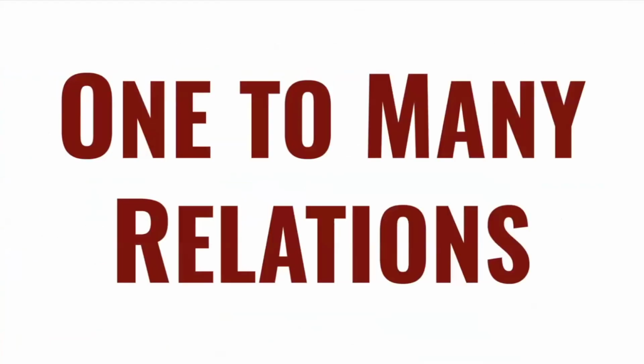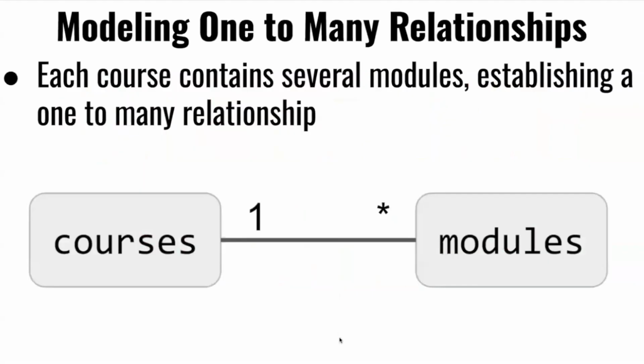Okay, so let's talk about one-to-many relationships. What we mean by one-to-many is that there are instances of pieces of information that might relate to several other pieces of information, where one instance might be related to many other instances of different types.